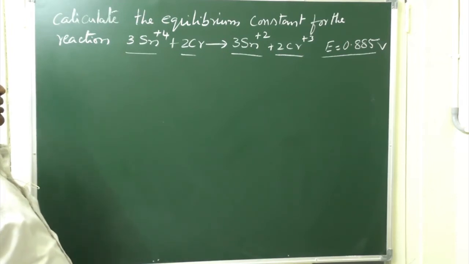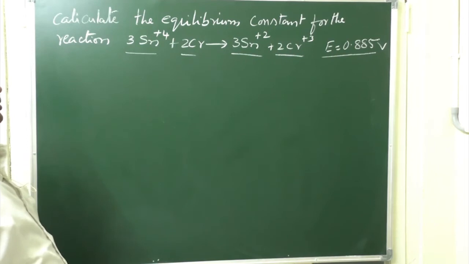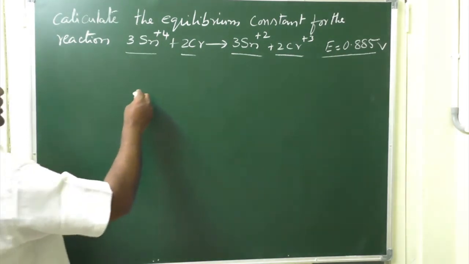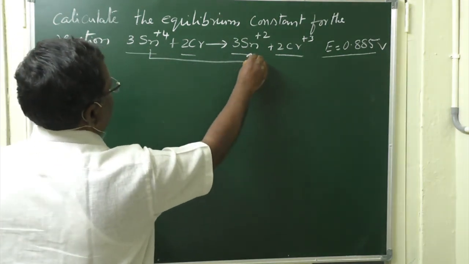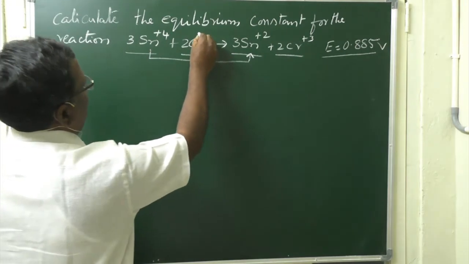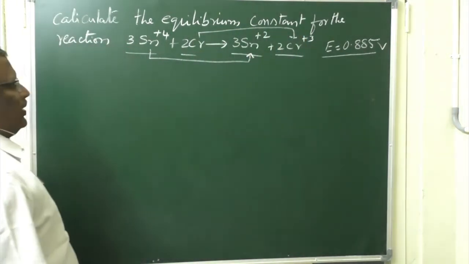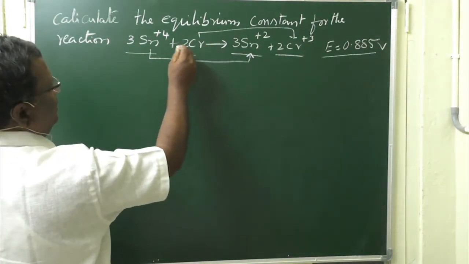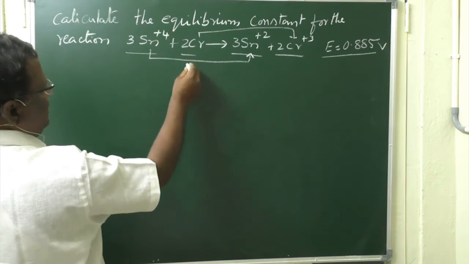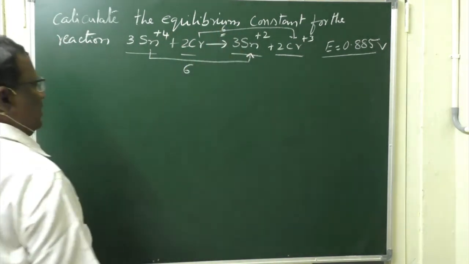So here this is a similar problem based on Nernst equation. Here the number of electrons involved, Sn4+ is changed to Sn2+ and chromium is converted from 0 to plus 3. So the number of electrons involved are 3 into 2, 6. Here also 2 into 3, 6. So n value is 6.